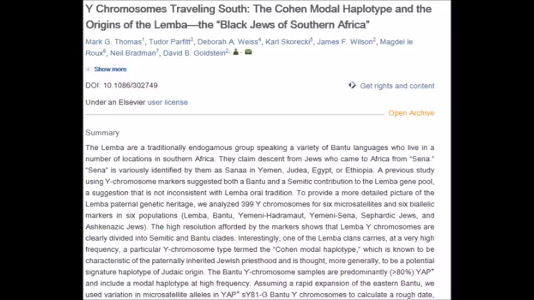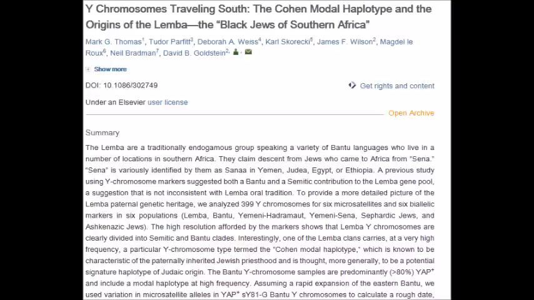Interestingly, one of the Lemba clans carries at a very high frequency a particular Y chromosome termed the Cohen modal haplotype, which is known to be characteristic of the paternally inherited Jewish priesthood and is thought more generally to be a potential signature haplotype of Judaic origin. The Bantu Y chromosome samples are predominantly 80% and include a modal haplotype at high frequency.